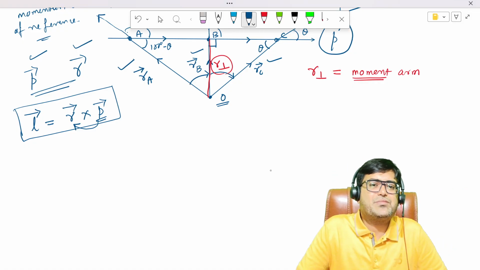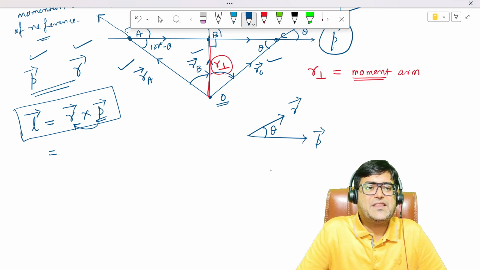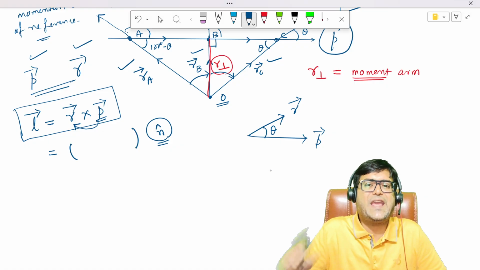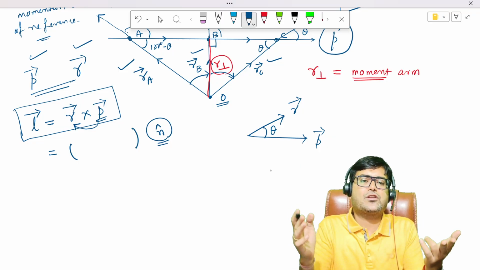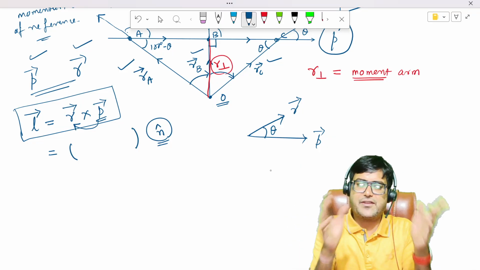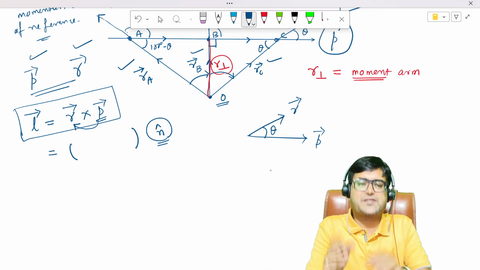And if I simplify this notation, imagine if I have the position vector like this, if I have the momentum vector like this, and if they have an angle theta, then this angular momentum is given by its magnitude and its direction, right? Let's call the direction n cap, right? So what is n cap? It's the unit vector along the normal, but if you don't understand, because it's a very limited session, let's just say n cap in a whole means direction, right?